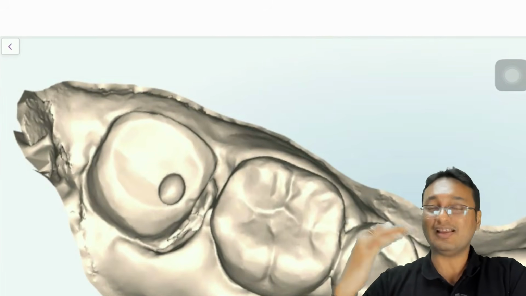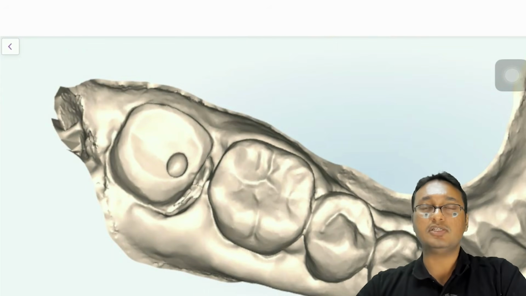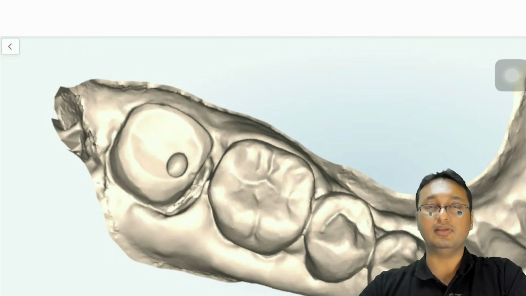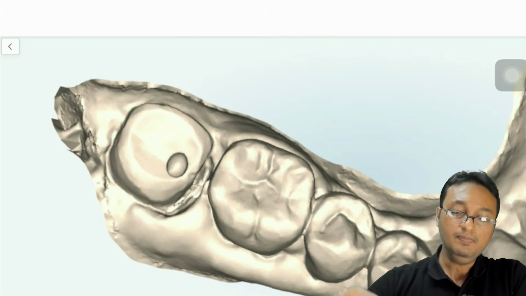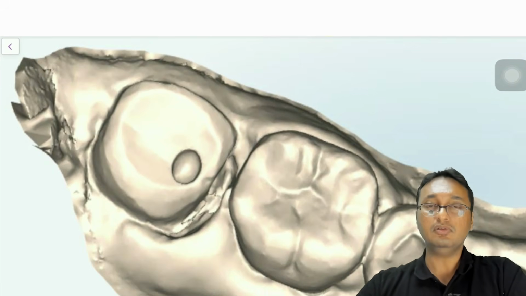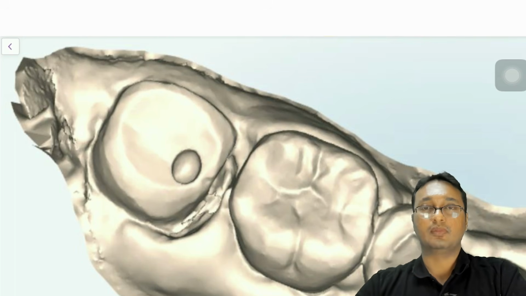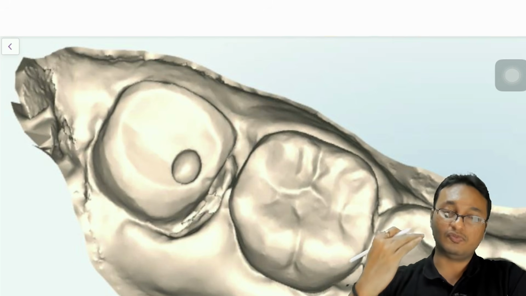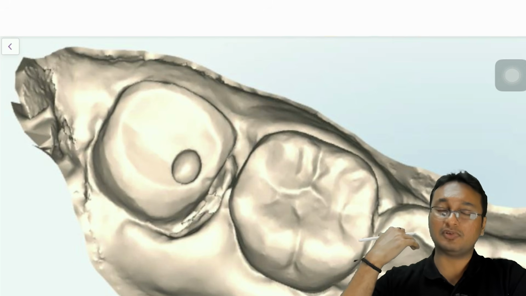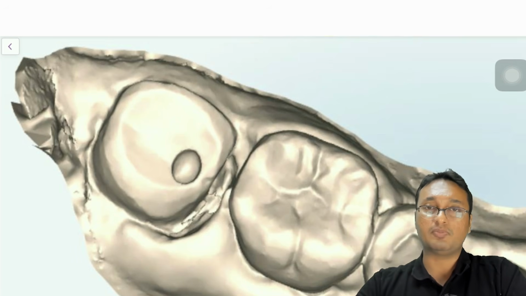Now the problem arose in yet another patient of mine. I did a root canal treatment in 47 in this particular tooth. You can see, and I prepared the tooth for receiving a crown, and then I did the scanning. But because it was a second molar, it's far beyond in the depths of the mouth, where it is difficult to maintain isolation properly.